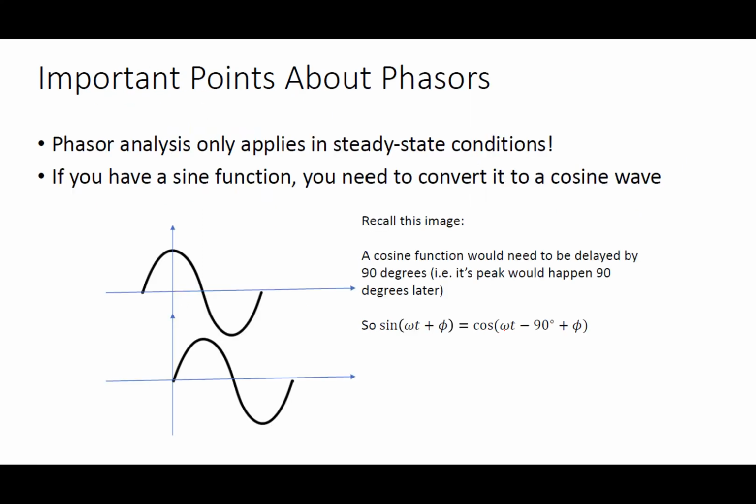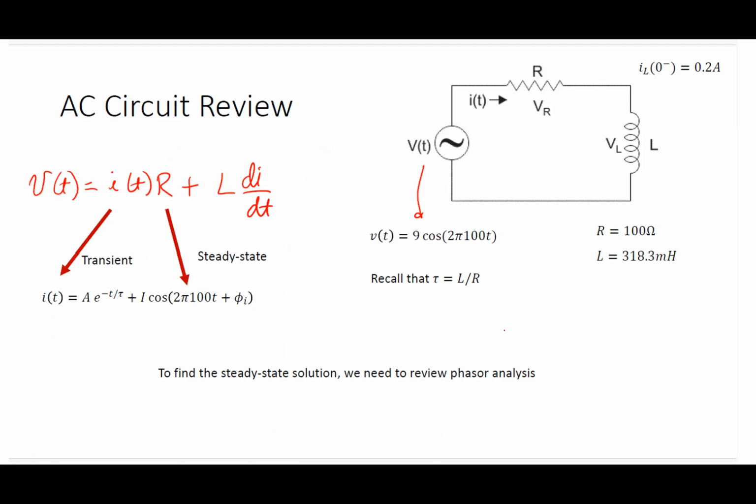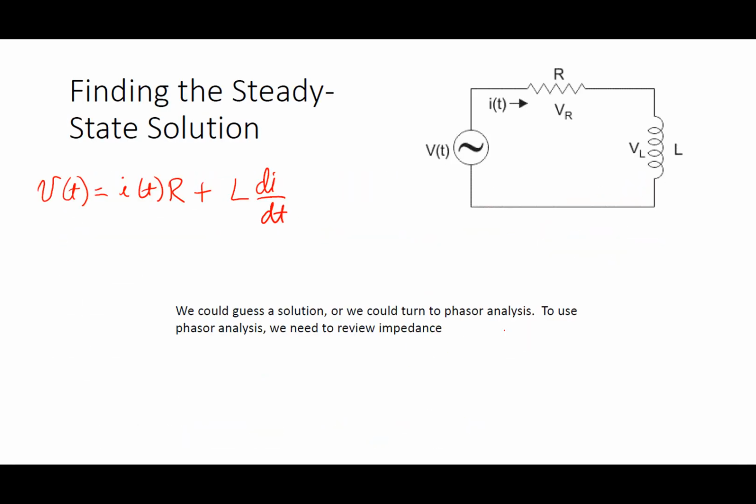R is 100 ohms and L is 318.3 millihenries.